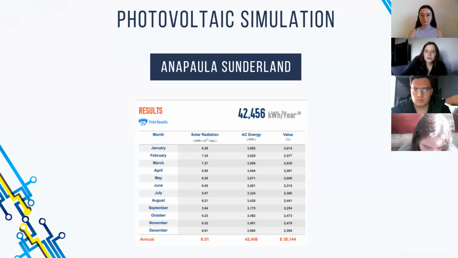We used a page to simulate the capacity of the photovoltaic system necessary to generate in our house. In my case, it was 42,456 kilowatts a year. Then we got the 40% of each.